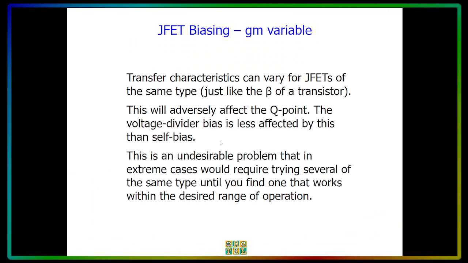The voltage divider bias is less affected by this than self-bias. This variation in transfer characteristics for JFETs of the same type is an undesirable problem. We don't like this, but in extreme cases, it would require trying several of the same type until you find the one that works within the range of operation.